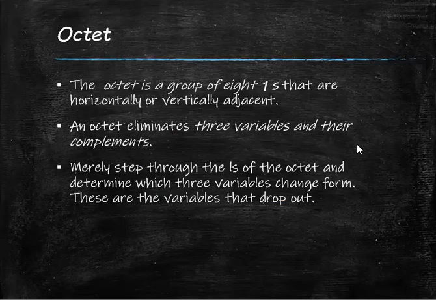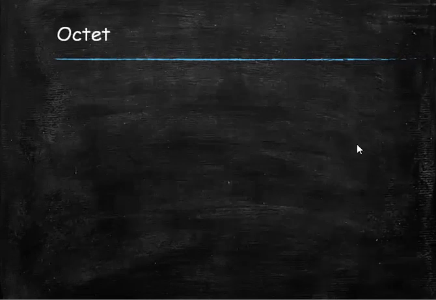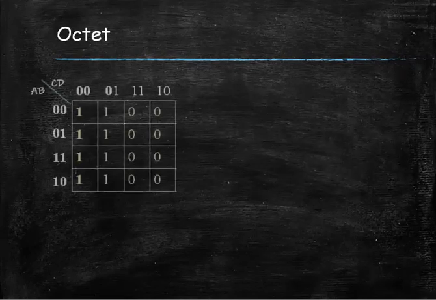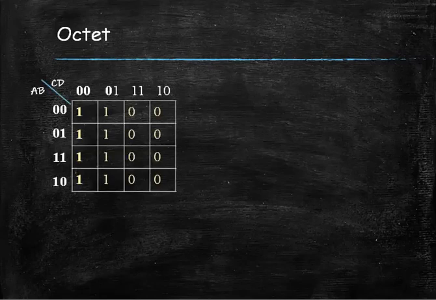Then for the simplification we must go through the octet and find out the three variables that change, and we can drop out those variables. Consider the map.